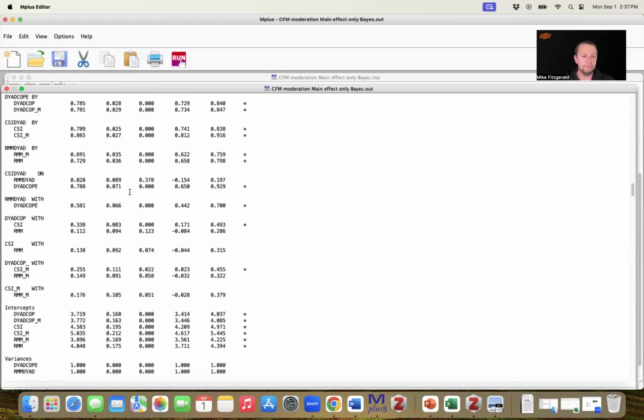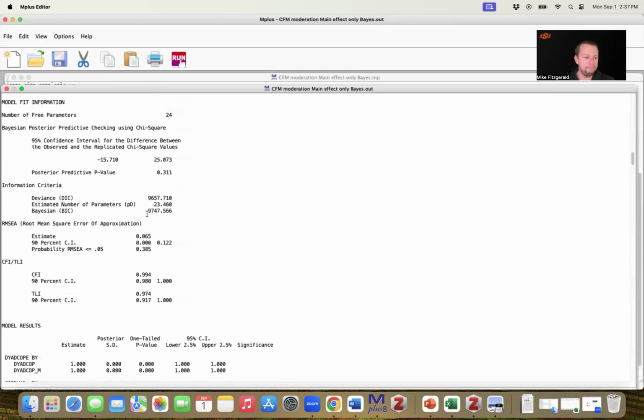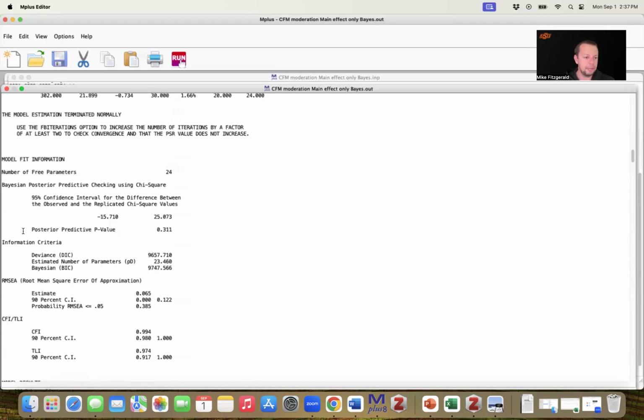Another thing that I'll mention before shifting over to the model with the interaction is that we have information criteria. In maximum likelihood, we have the -2 log likelihood, whereas in Bayesian estimation, we have deviance, which is essentially the same thing.